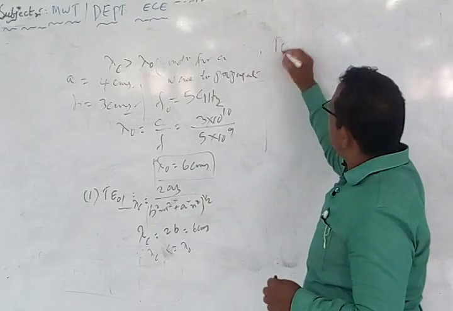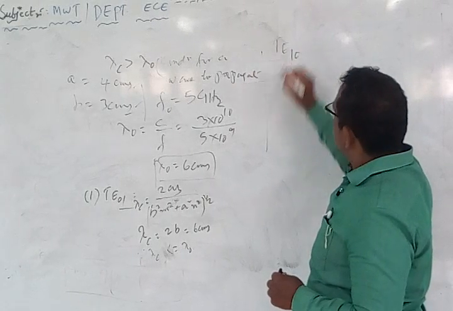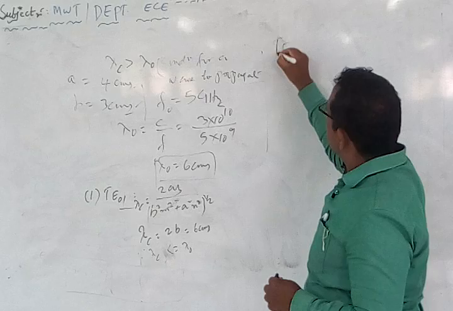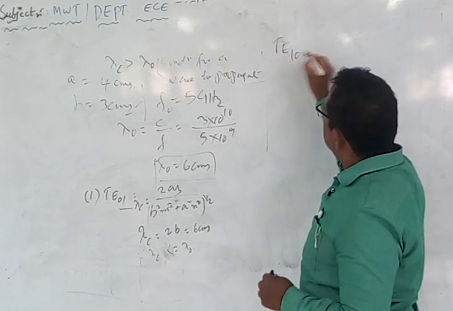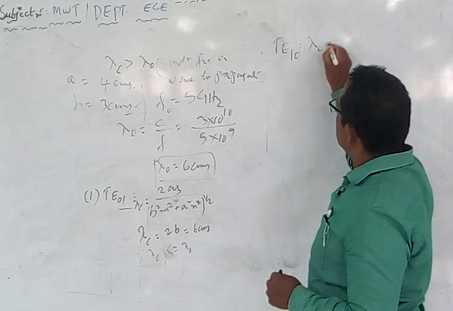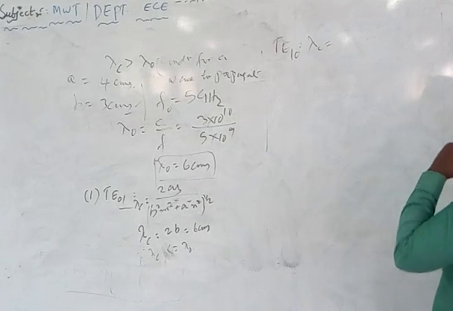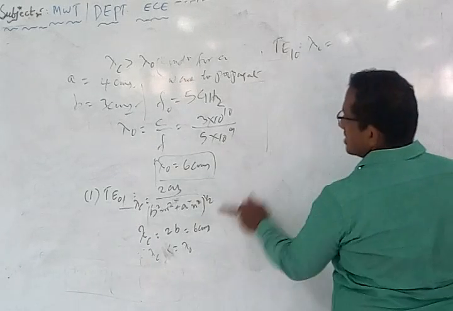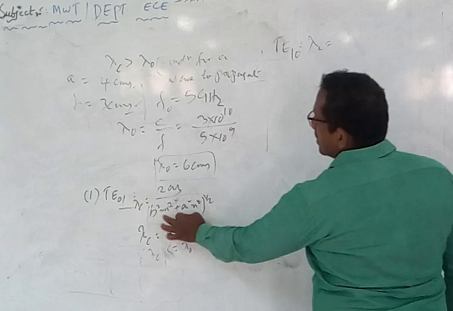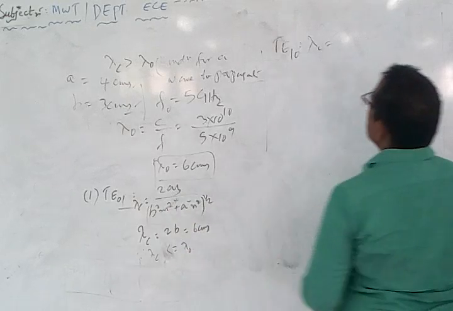Then next, let us look into the TE10 mode. We will see whether it is going to exist or not. TE10 means M is 1 and N is 0, so this factor goes, B will get cancelled, and I will get 2A.